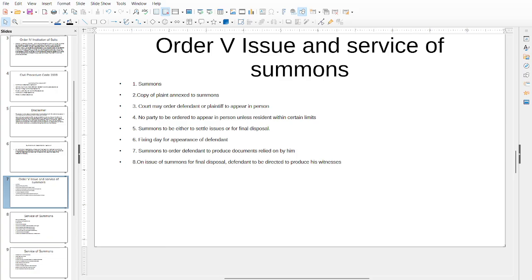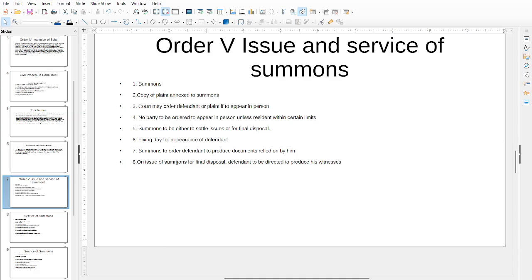It will ask the defendant to come down and listen to his side of the story and give the final order. If the plaintiff is right, the defendant will be ordered to pay a certain amount of money, or asked to perform a certain action. So the court will decide the case then and there.